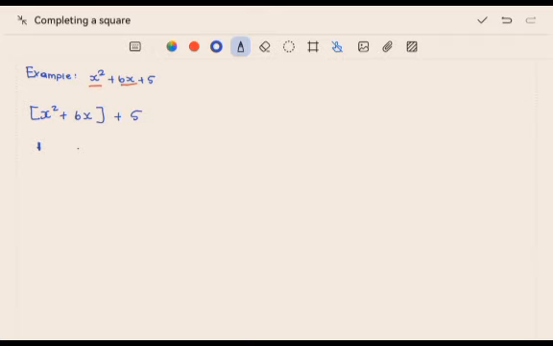But for the sake of everyone's understanding, we are going to do it. So you take 1 out, which is the coefficient of x squared, you factor it out, and now you'll be left with x squared plus 6x, and then you close your square bracket, and then you add 5 to that.